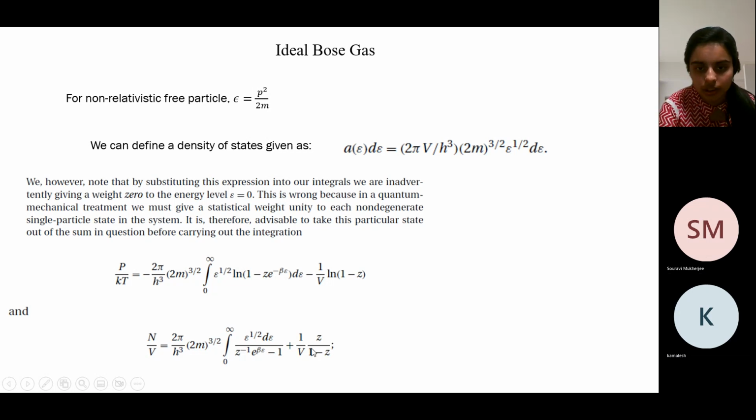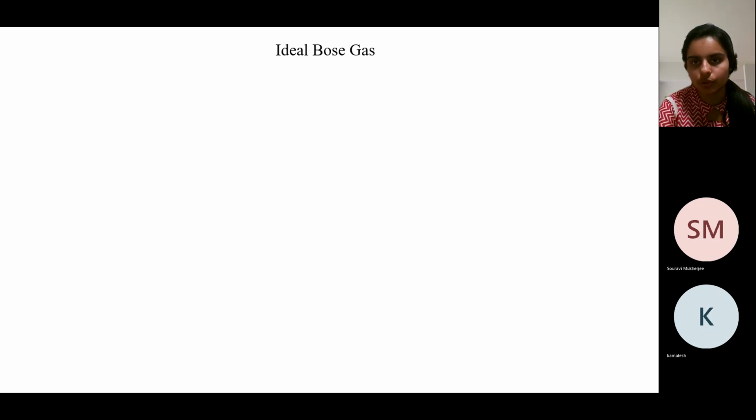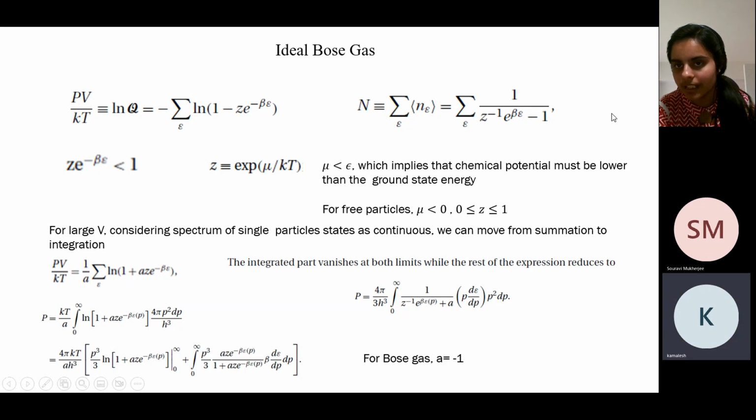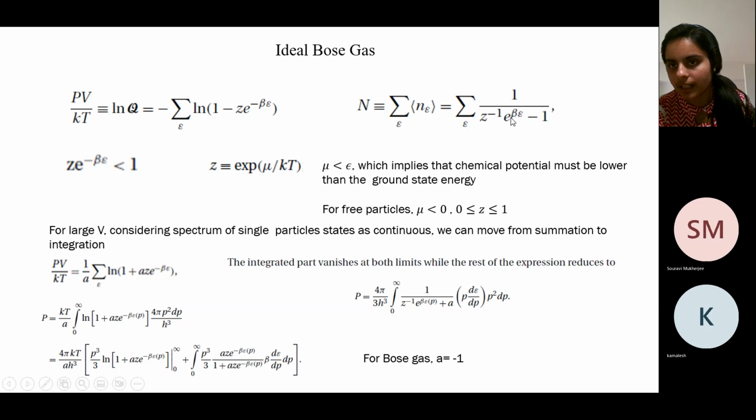So now look at this expression here, z by 1 minus z. What is z by 1 minus z physically? Look at the expression for the mean occupation number. If you go back and put epsilon equal to 0, that is, you are in the zeroth state, what is the value of the mean occupation number at the zeroth state? It's given as 1 by (z inverse minus 1).